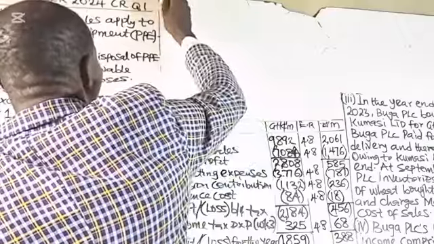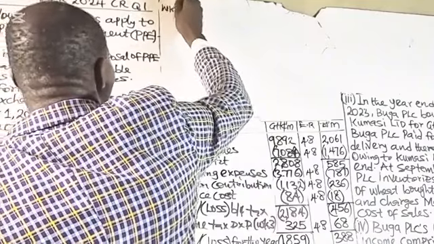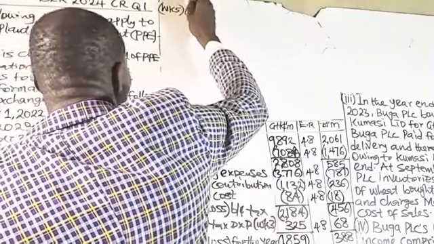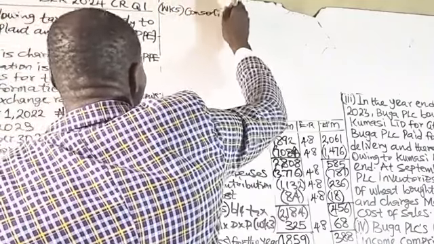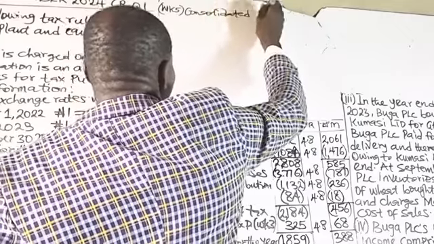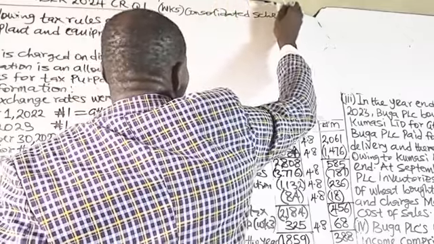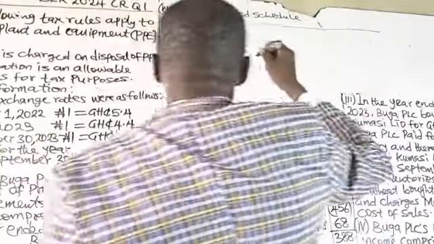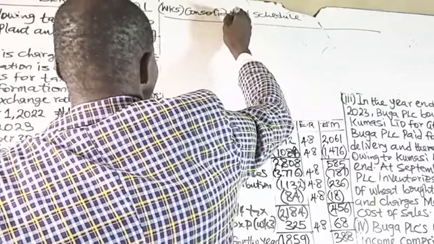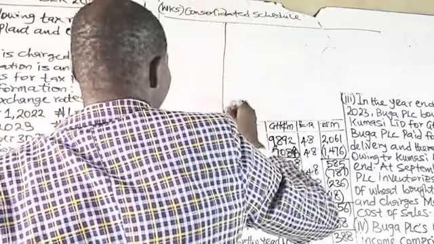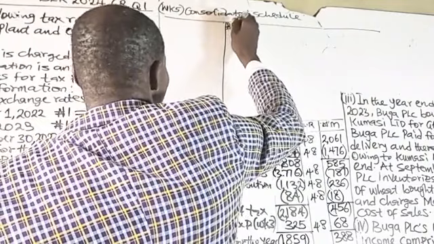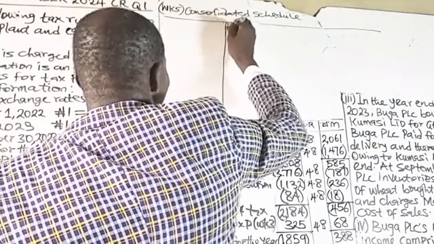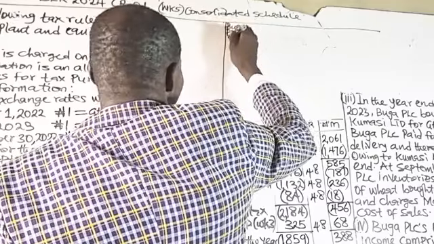Working number 5. Let's have the consolidated schedule. We have a column for parent, and the name of the parent is Buga PLC.